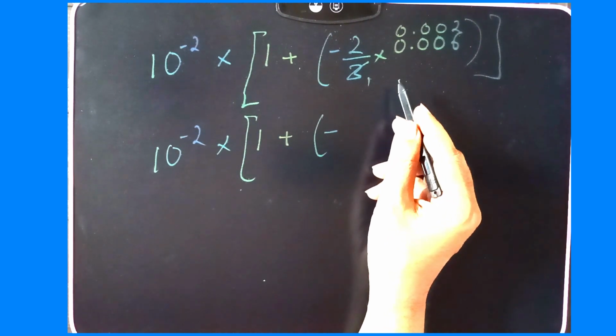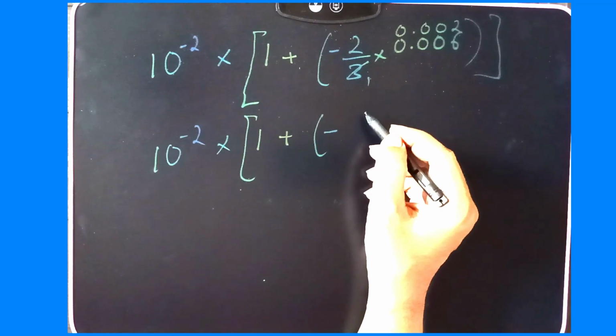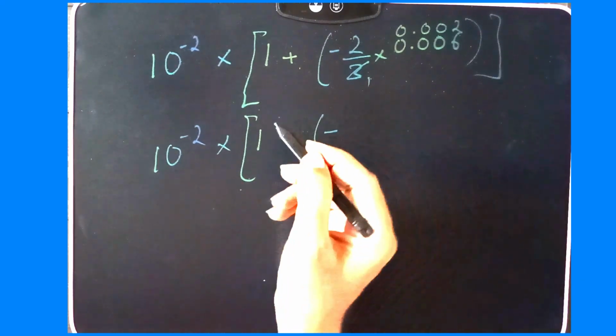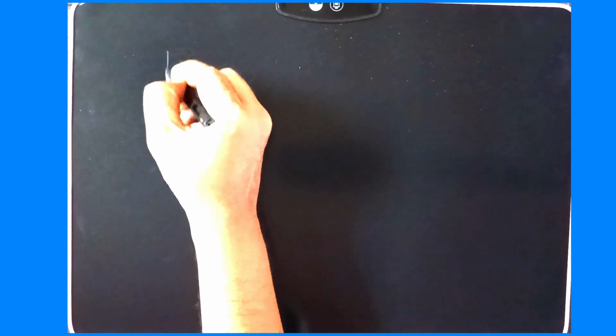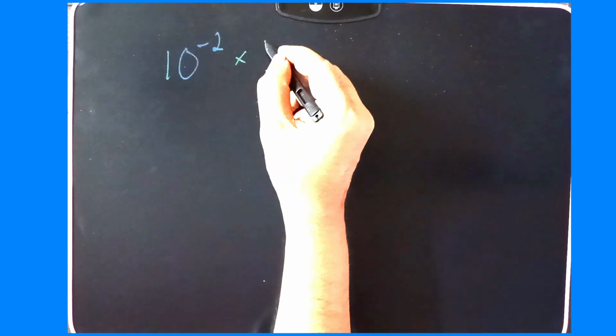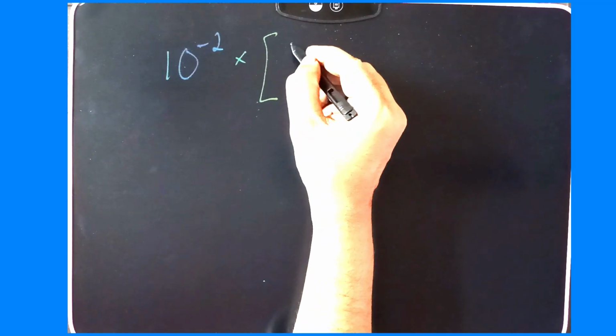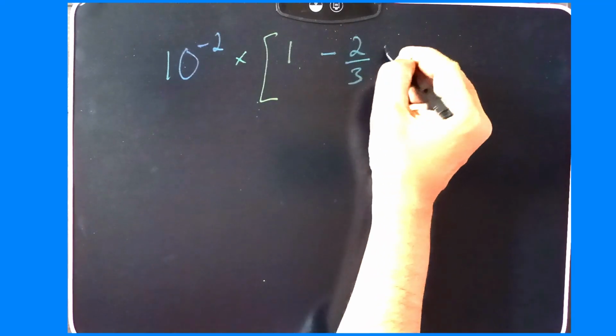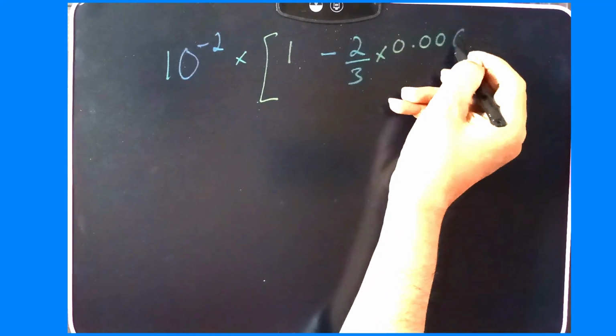Am I doing something wrong here? Or let's solve it another way. 10 raised to power of minus 2 into 1 minus 2 by 3 into 0.006.